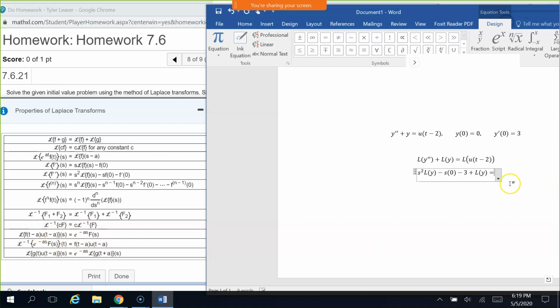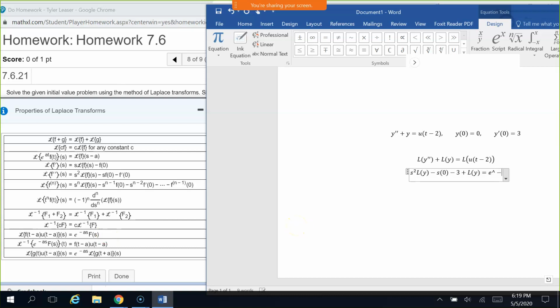So anytime you're taking the Laplace of a function like this, you want to think of what's in front of it, and what we have in front of this is just the number 1. So what that means, because my a in this case is going to be a 2, is that whenever you have a function and then that u function out in front, you're going to get an e to the negative as from the a and the u, and then just whatever the Laplace transform is of the function out in front.